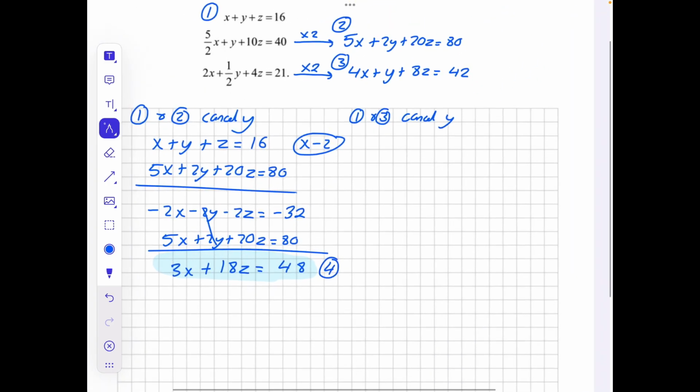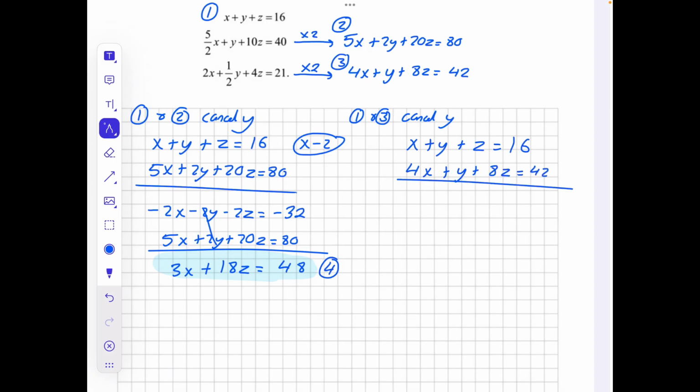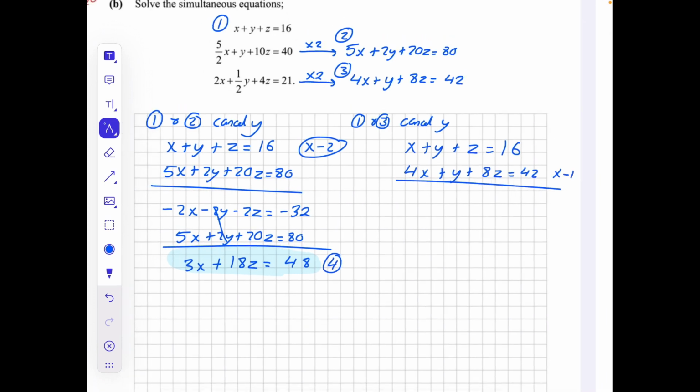Now I'm going to do 1 and 3 and cancel y. So again, x plus y plus z is equal to 16, and equation 3 without the fraction is 4x plus y plus 8z is equal to 42. To get something to cancel, I need a positive y and a negative y, so I'm going to multiply all the bottom line by -1.